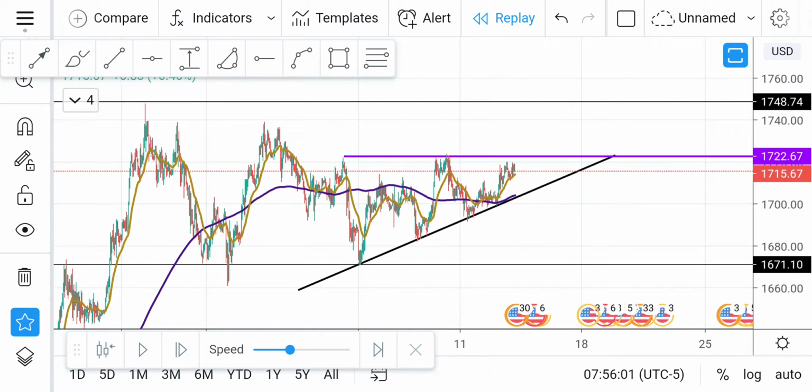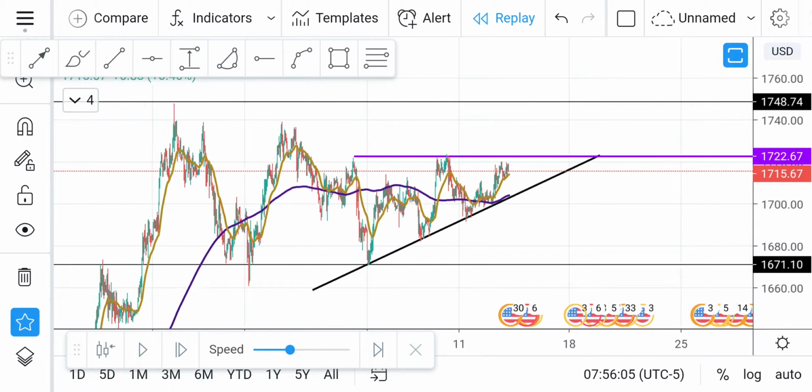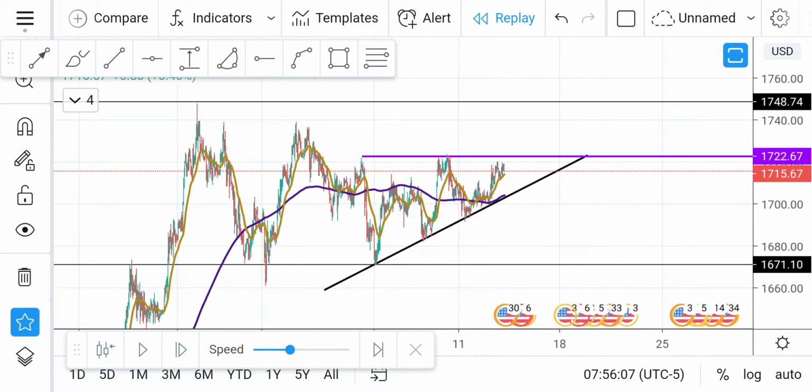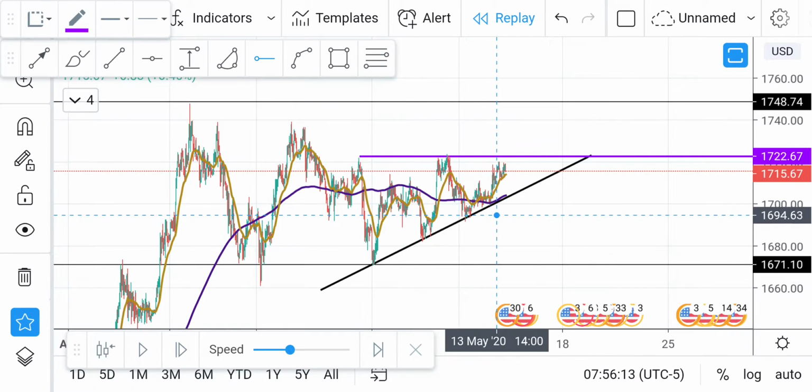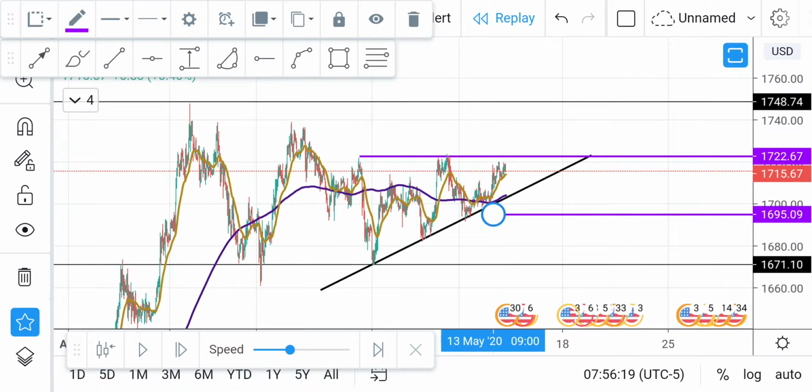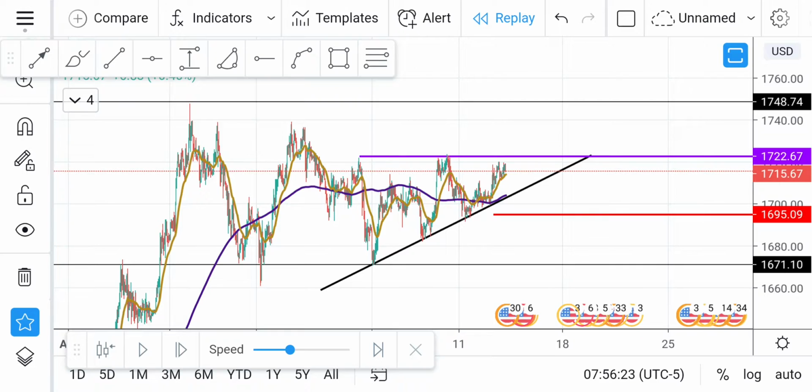The next thing you want to do is use the Fibonacci levels to set your take profits. Your stop loss is going to be over here, just below this 200 period moving average. So for the price to hit your stop loss, it must go through the 200 period moving average.